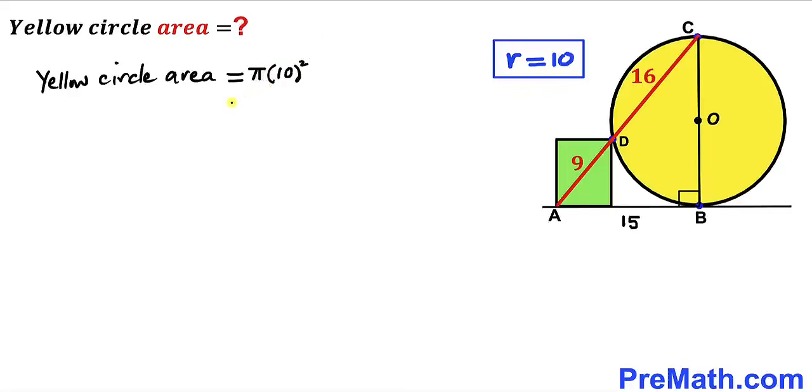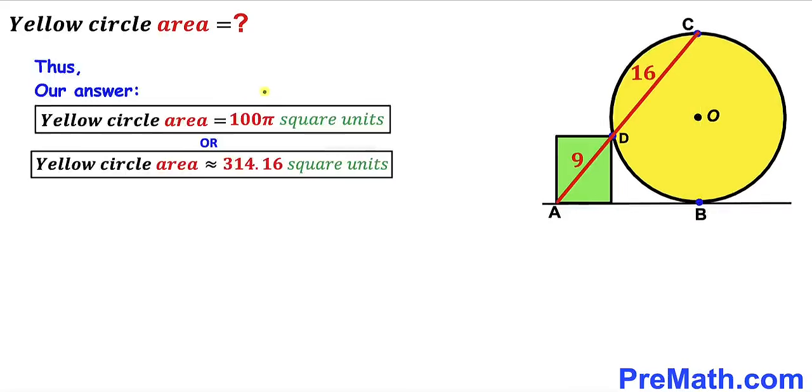So this yellow circle area turns out to be 100 times pi square units. In terms of decimals, this yellow circle area is approximately equal to 314.16 square units as well.